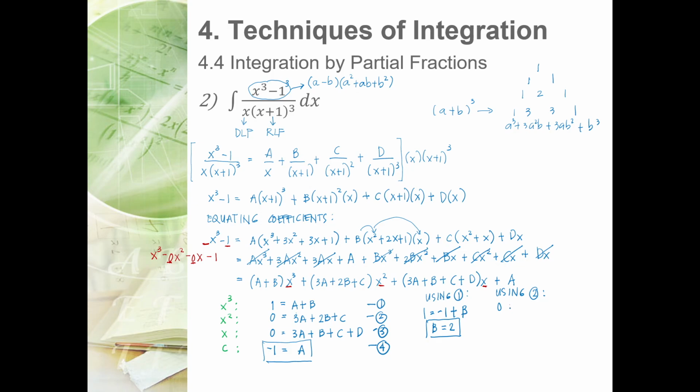So 0 equals 3 times negative 1 plus 2b, so 2 times 2, plus c. So c is equal to, negative 3 plus 4, so it gives negative 1.